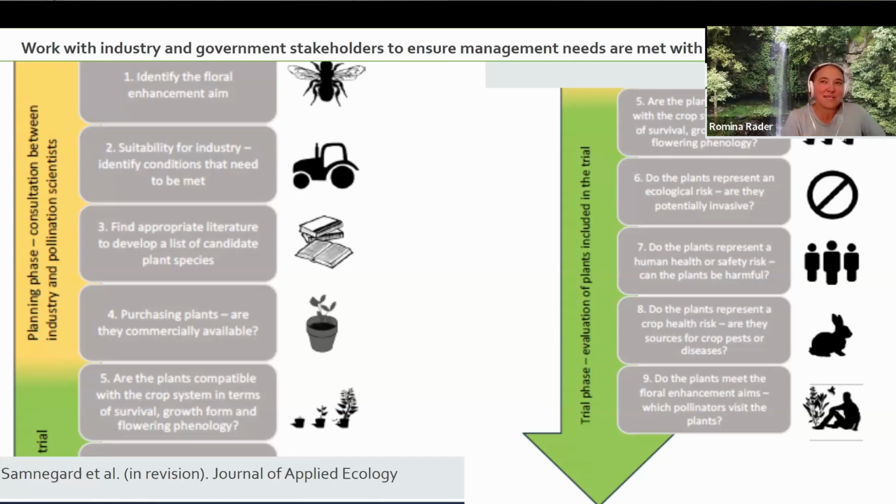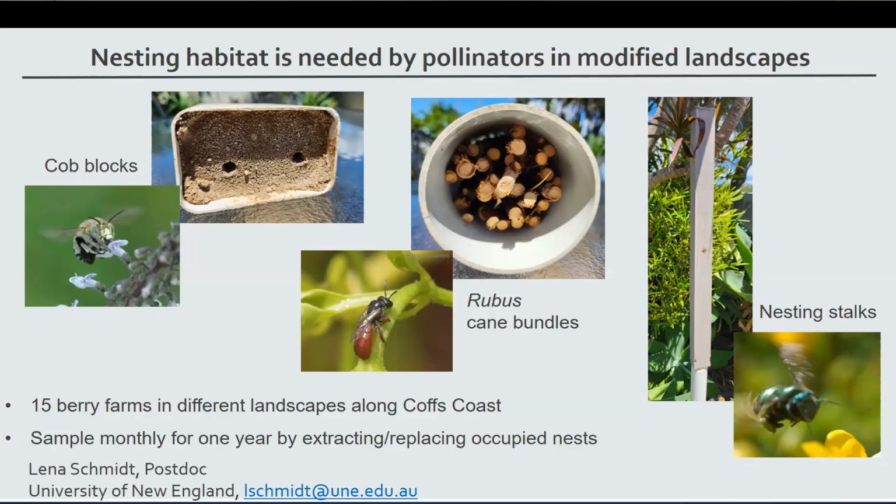Is the growth form of the plant going to cover the crop plant? Will it attract pests? Will industry be able to manage it? So there's a whole bunch of questions that we need to think about to make sure that the systems we are choosing and the workflow in terms of introducing plants in the system are actually suitable for industry and government stakeholders.